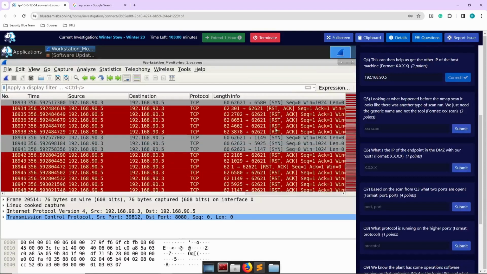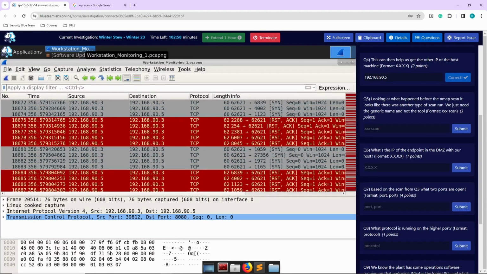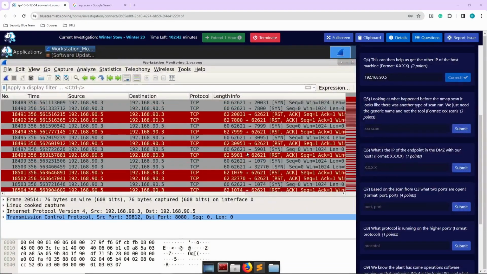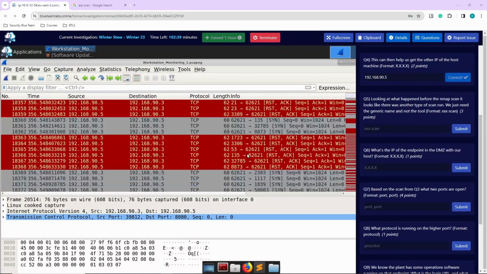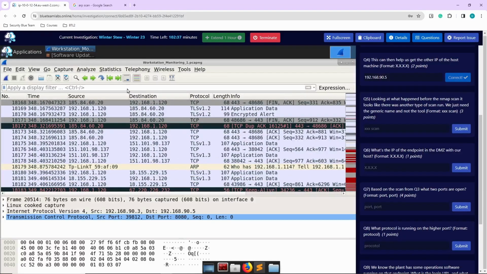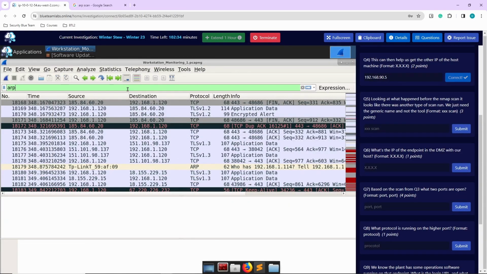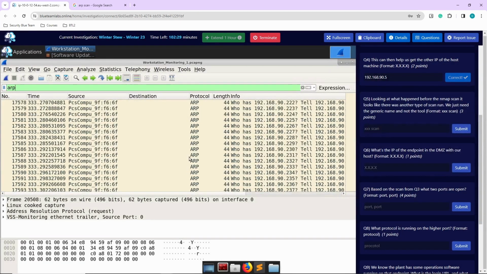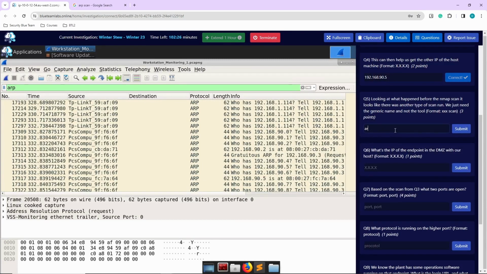So my first guess would be TCP scan, and my second guess would be an ARP scan, because the TCP scan is likely linked to the nmap scan. So if we look for just ARP, yeah, there's a lot of traffic here. Okay, I reckon it's an ARP scan because I reckon the TCP scan is part of the nmap one.